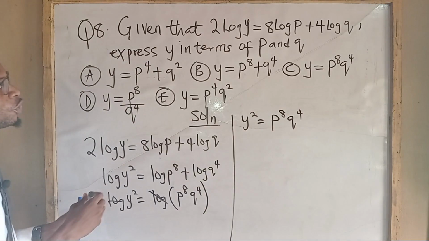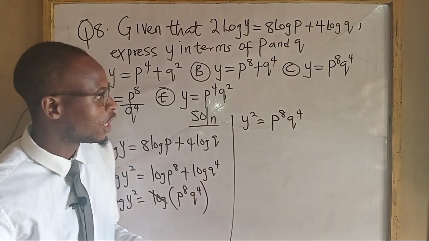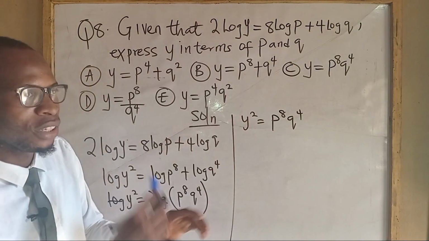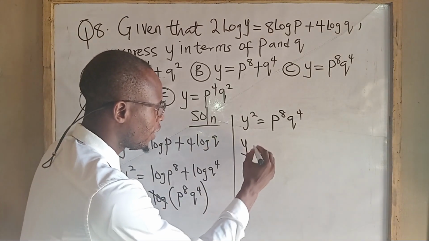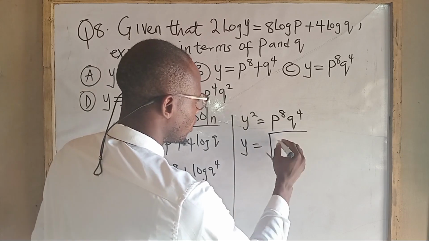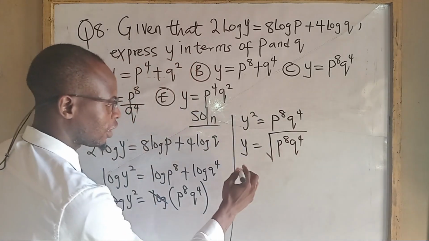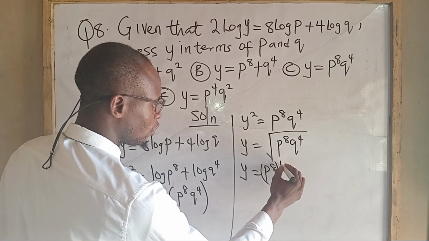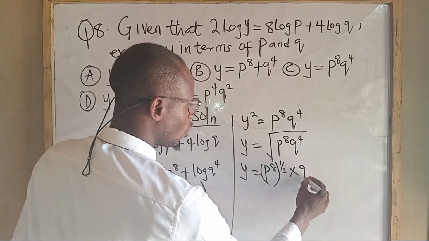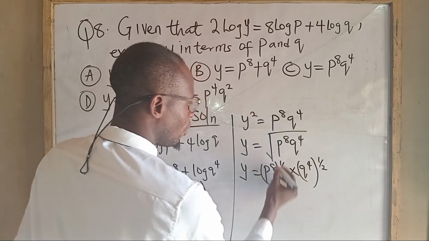So from the question, we are asked to express y, not y squared. So you are expected to eliminate this squared by finding the square root of both sides. So if I take the square root of both sides, I will have y is equal to the square root of p raised to power 8, q raised to power 4. So let me express that out. This is the same thing as saying p raised to power 8, we have its own square root, multiplying q raised to power 4, also with its own square root, because the meaning of this sign is 1 over 2.